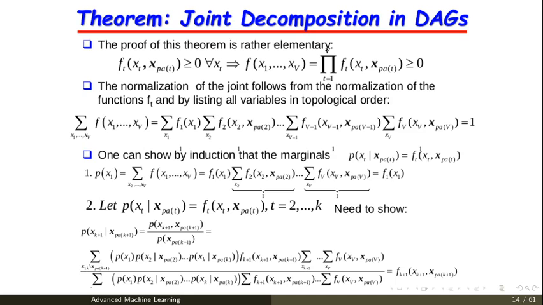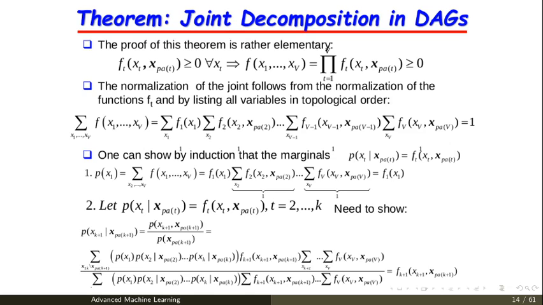Calculate the numerator and denominator using the appropriate marginalization and decomposition of the joint probability distribution. So look at either the numerator or denominator and tell what is going on there.